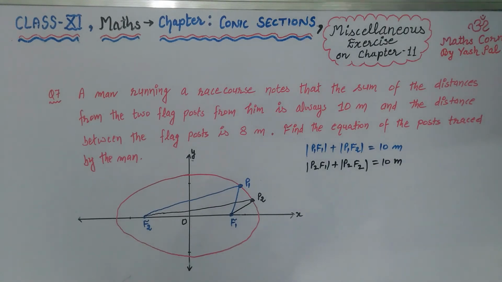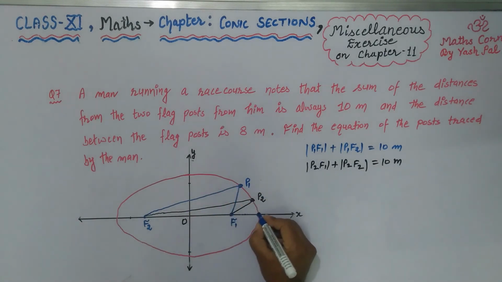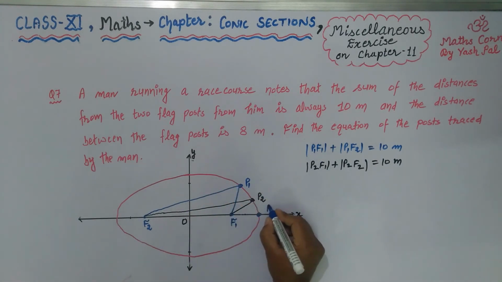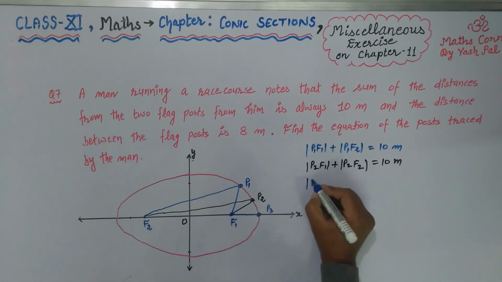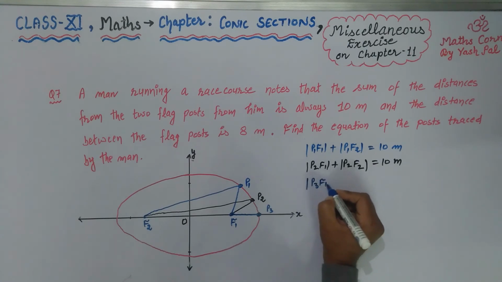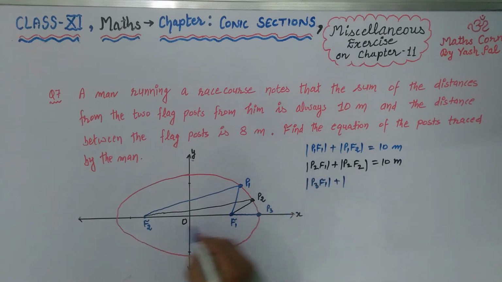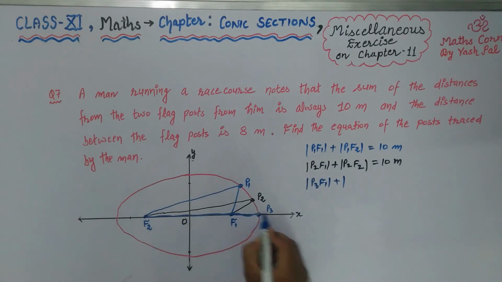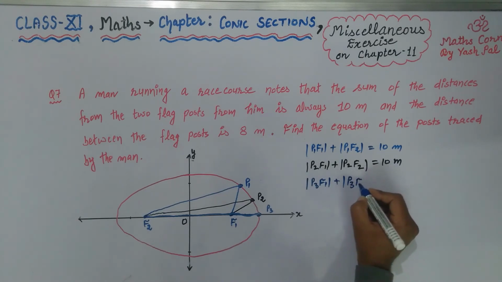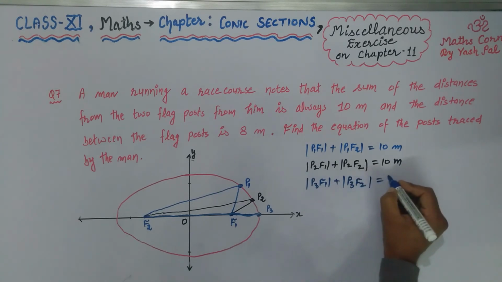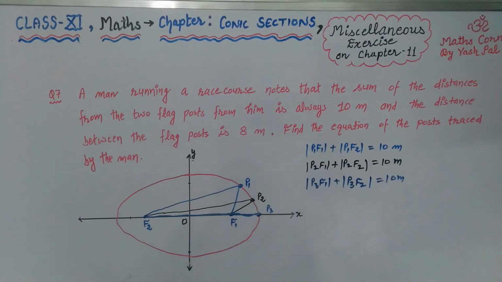Moving further, again this point reaches here, this is the position of P3. Now the distance P3 to F1 plus P3 to F2 is also 10 meters.